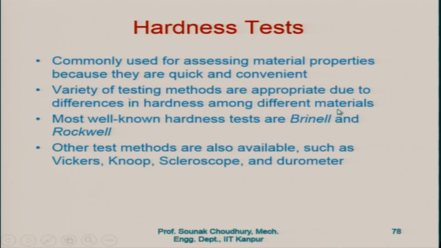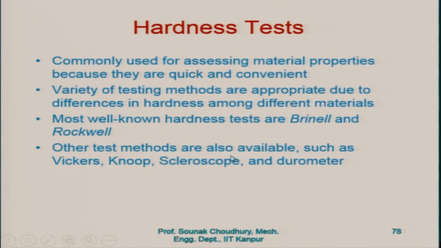Most well known, of course, are the Brinell and the Rockwell, which I have already told you about. So, the Brinell hardness or the Rockwell hardness is what we use to define the hardness of a particular material. This can be HRC, HB, if you remember. The Rockwell is the HRC, Brinell is the HB, and so on.